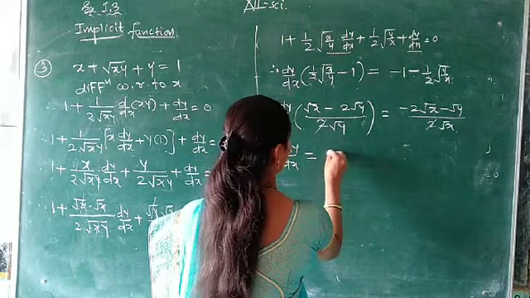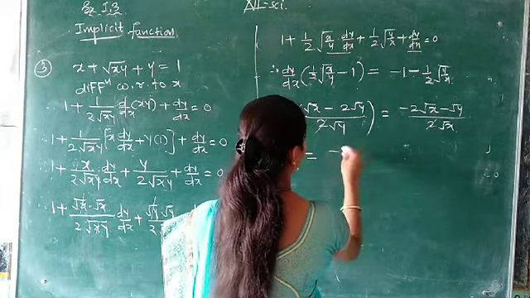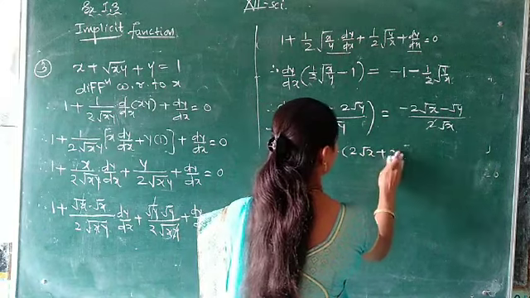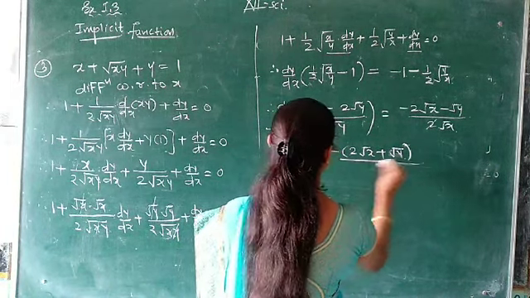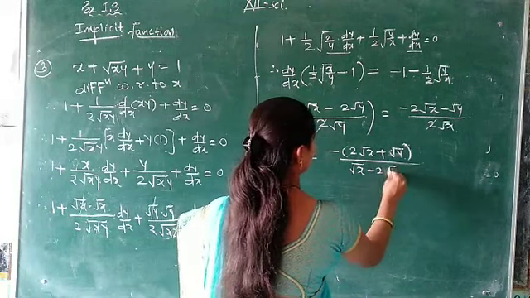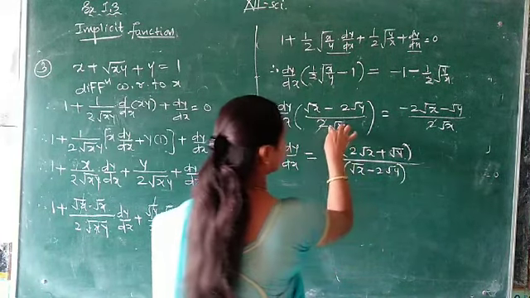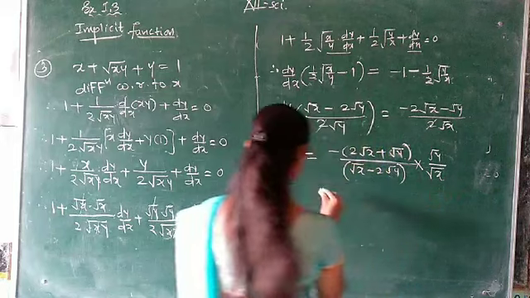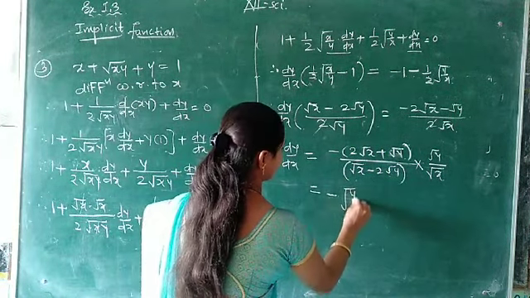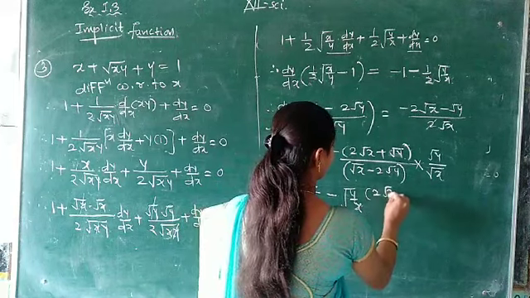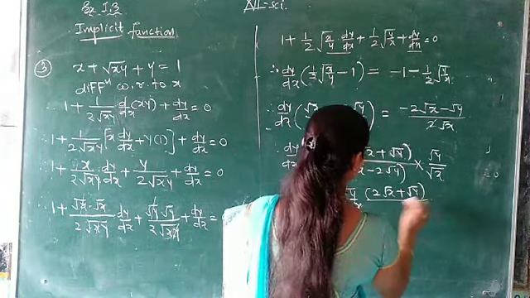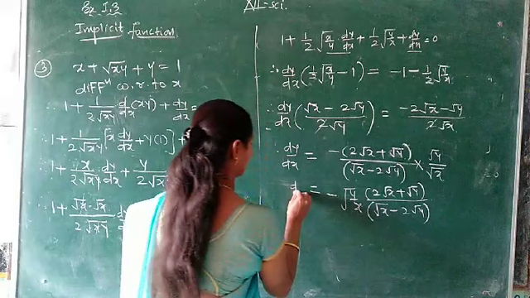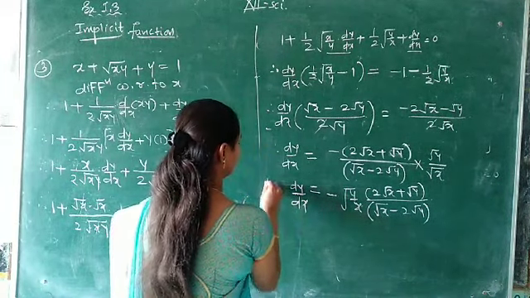Here if I take the minus sign common from this, then 2 root x plus root y divided by root x minus 2 root y, and the root y which is in the denominator here, on this side it is in the numerator. So the answer of this is minus root of y upon x into 2 root x plus root y divided by root x minus 2 root y. That is dy upon dx.